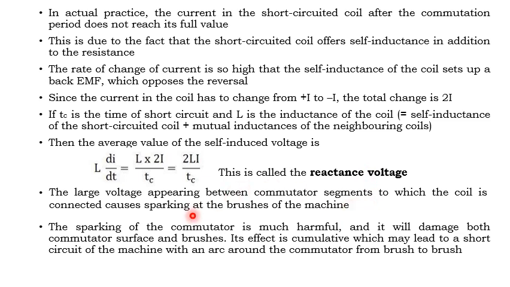And this sparking at the commutator is much harmful and it will damage both the commutator surface and brushes. Whatever sparking is produced during the commutation process is much harmful and will damage both the commutator surface and brushes.